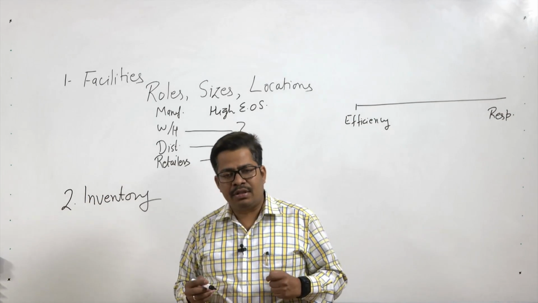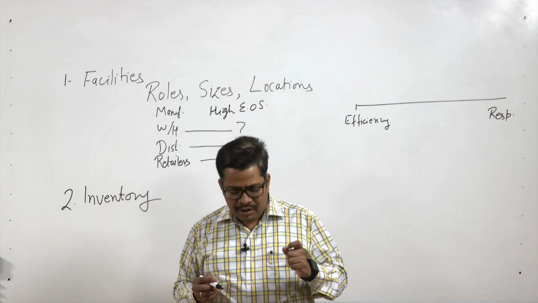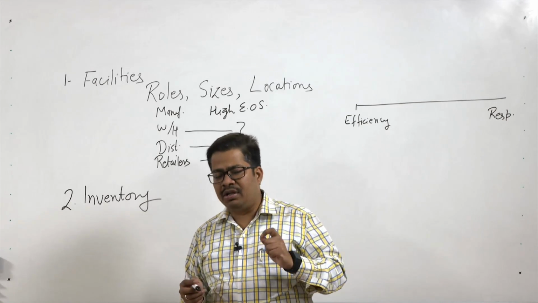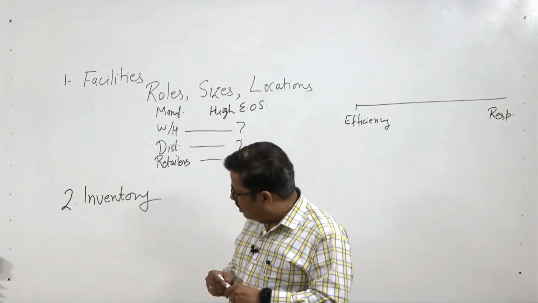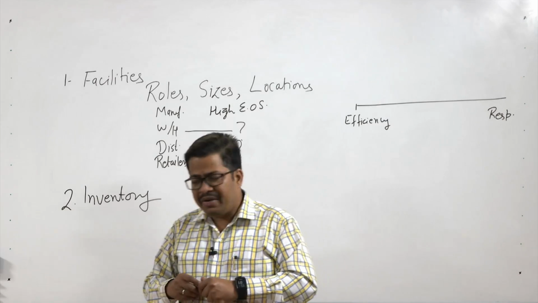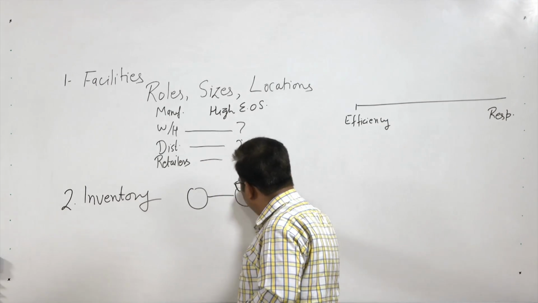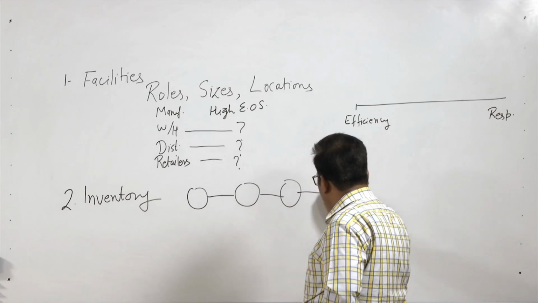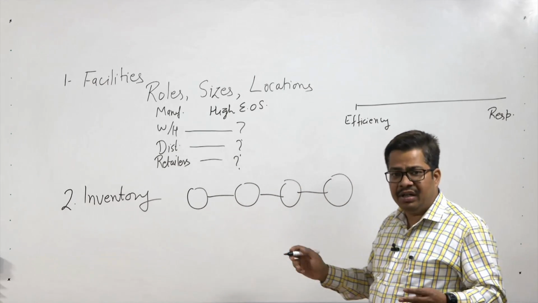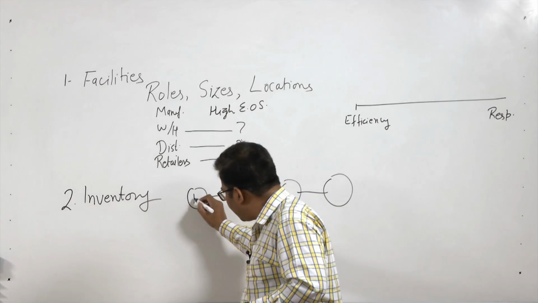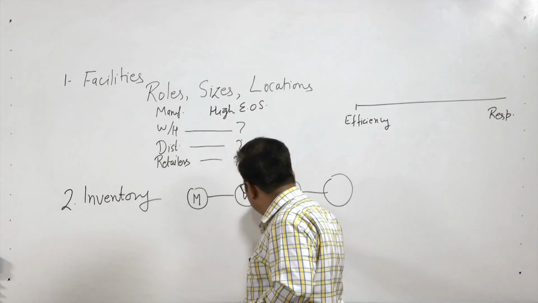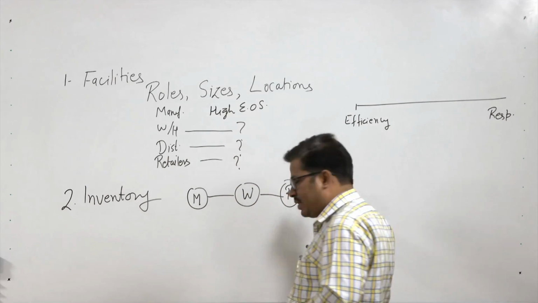Many decisions related to inventory are very crucial for the supply chain. Now, whenever you have a supply chain, you are keeping inventory of various products in this supply chain.